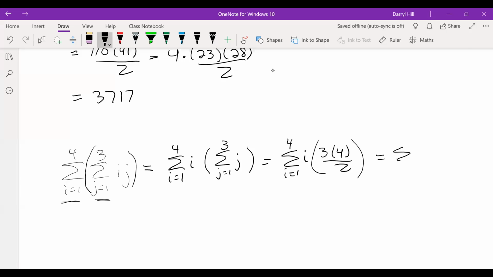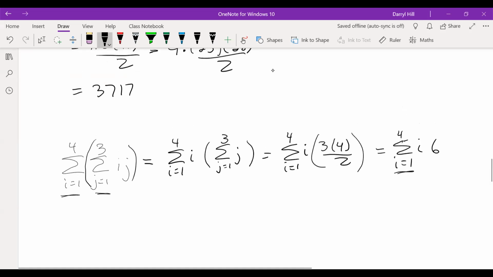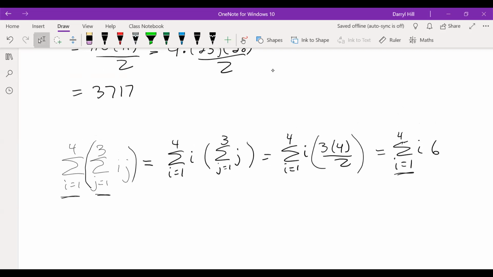So that's equal to the sum from 1 to 4 of i times 6. And then we can evaluate this sigma. So we can take out the 6 as a common factor: 6 times the sum from i equals 1 to 4 of i, and that is 6 times 4 times 5 over 2, which is equal to 60. Okay, so that's a little example of how we deal with that nested version.